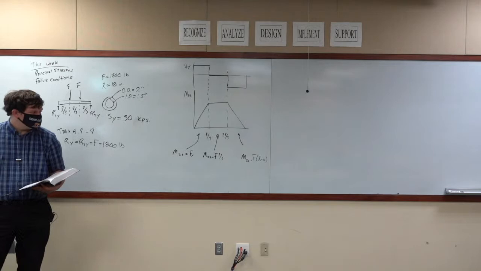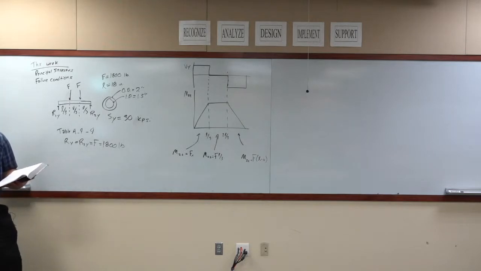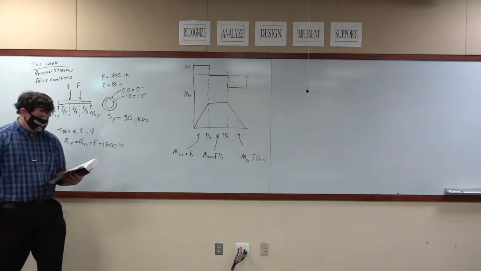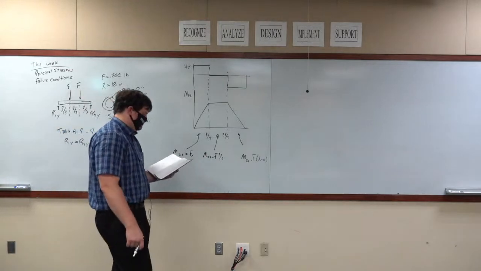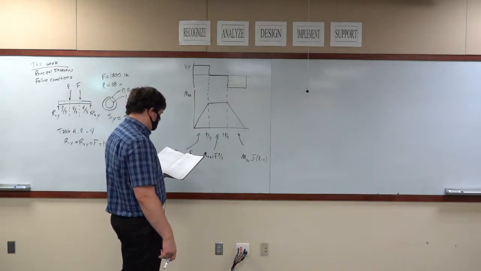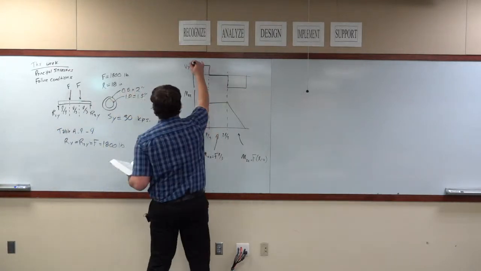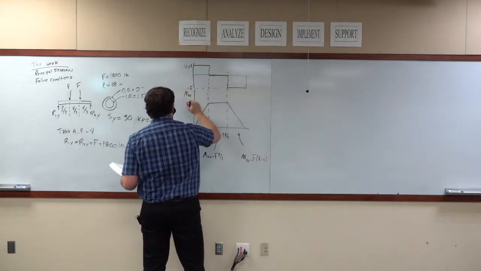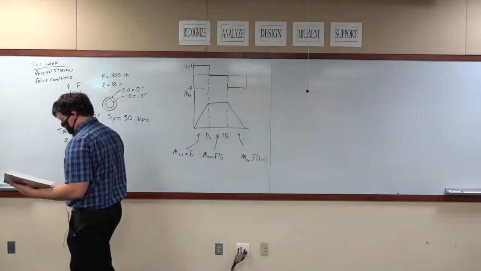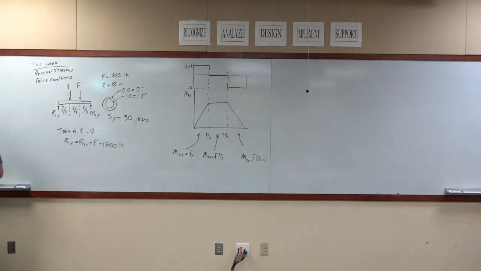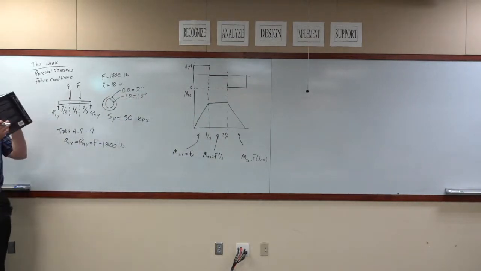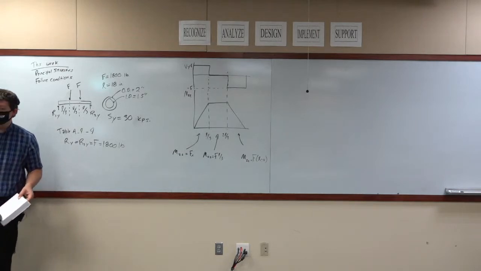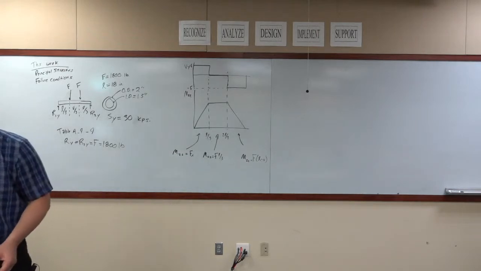The shear force equation: this is equal to F, and this is equal to negative F. So thank goodness for tables in the book that give us answers. That's going to save us a lot of math.